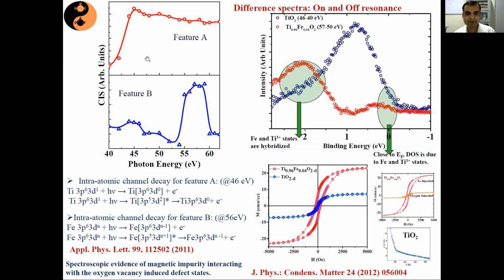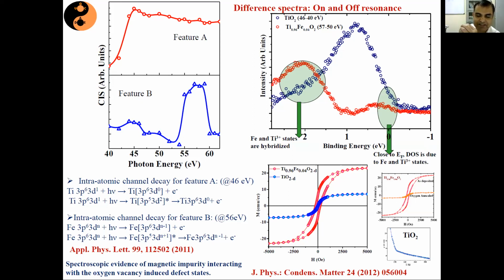This is feature B. Now another interesting thing that you can see is that feature B also shows maxima close to 46 electron volt, which happens to be titanium 3 plus. What does that mean? That means that at feature B we have a combined contribution from titanium 3 plus as well as iron derived states, iron 3d states. So the iron 3d state is the magnetic impurity that we have doped in this system.